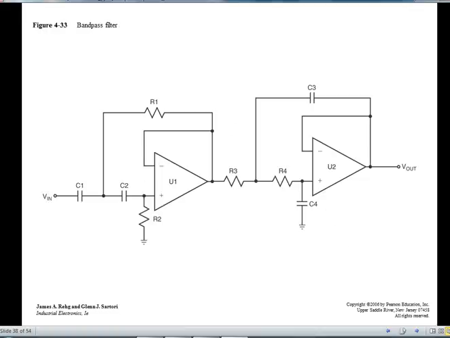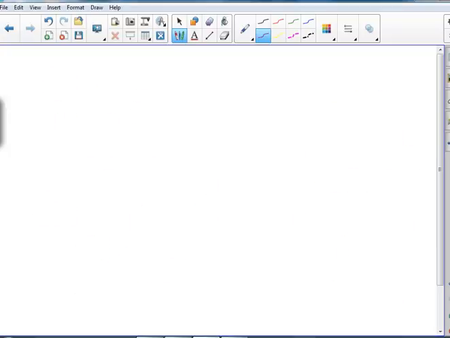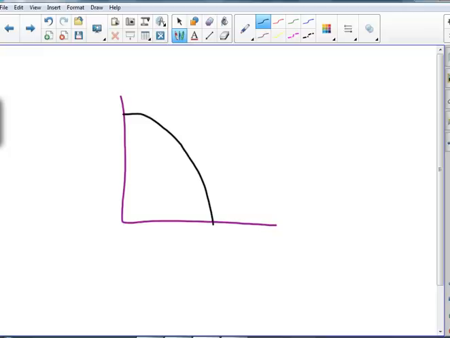So now we have a bandpass filter. So I've got a high pass filter and a low pass filter together. So if I look at that, I say, well, I got this low pass filter doing that, and I got this high pass filter doing this. What am I going to see? I'm going to see the middle part.